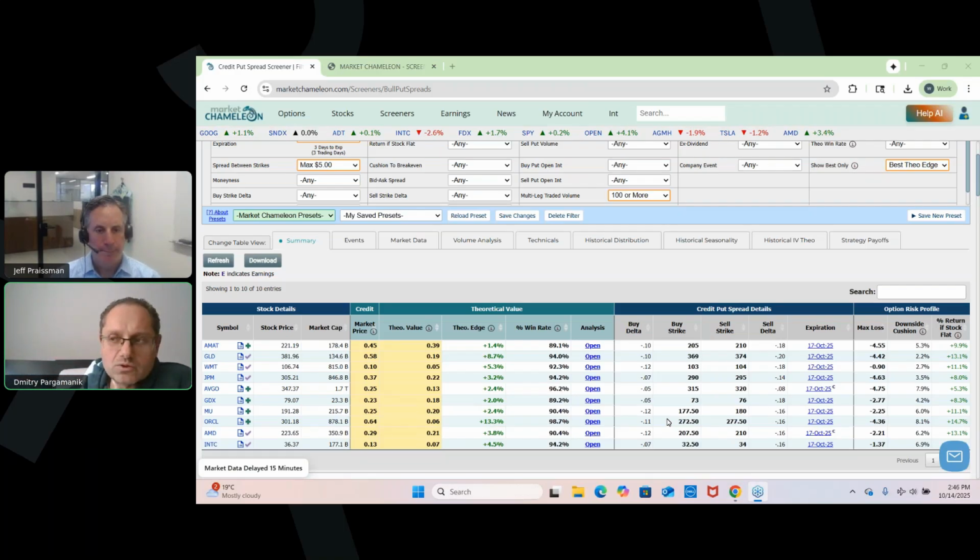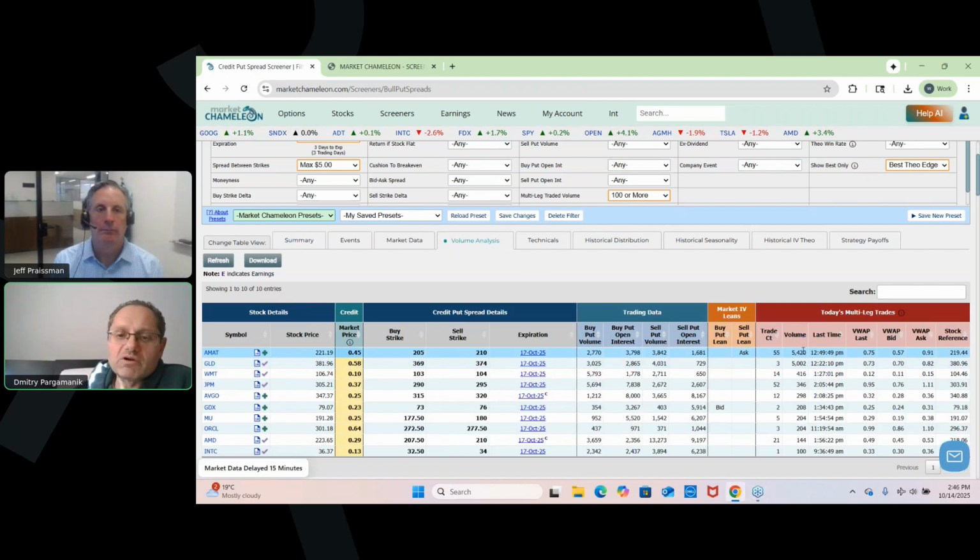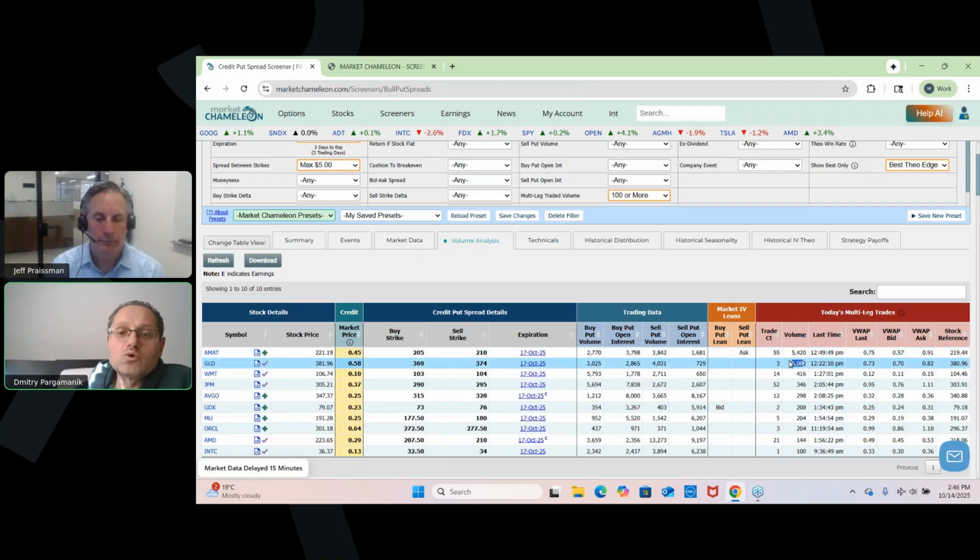So the volumes that we filtered out would have been entered in as a multi-leg trade. So these over here represent that those orders were entered in not as a leg, but as a multi-leg trade. So they would have had to get executed as a multi-leg trade.